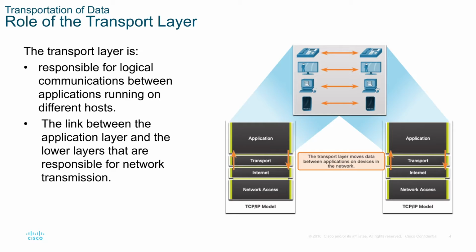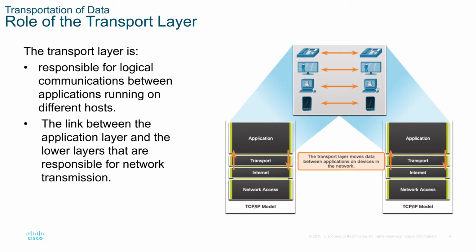The Transport Layer is responsible for the logical communication between applications running on different hosts. It is the link between the application layer and the lower layers that are responsible for network transmission.